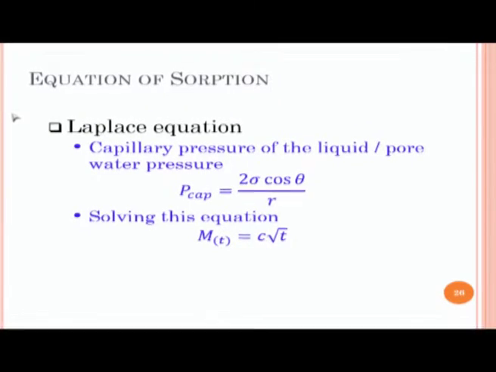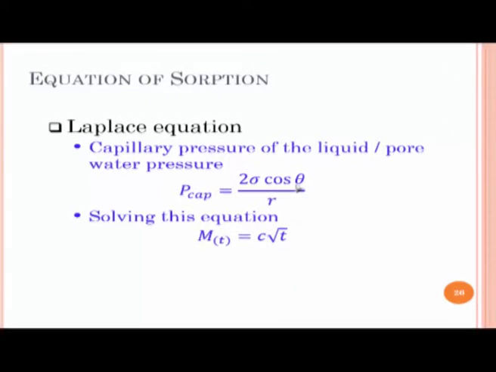First of all, what is the equation of sorption? Basically, this is a Laplace equation which relates the capillary pressure to the diameter of the porosity. That is your diameter of the pore, that is your capillary pressure, sigma is the surface tension and theta is the angle of wetting of the liquid. That is your capillary equation, you remember this very clearly, and this equation basically relates to the capillary rise through the concrete.